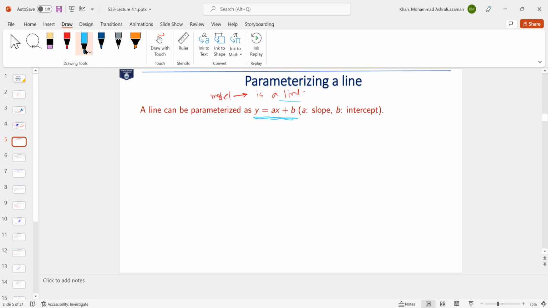In this line, we have two parameters, A and B. Y is the dependent variable, and X is the independent variable.